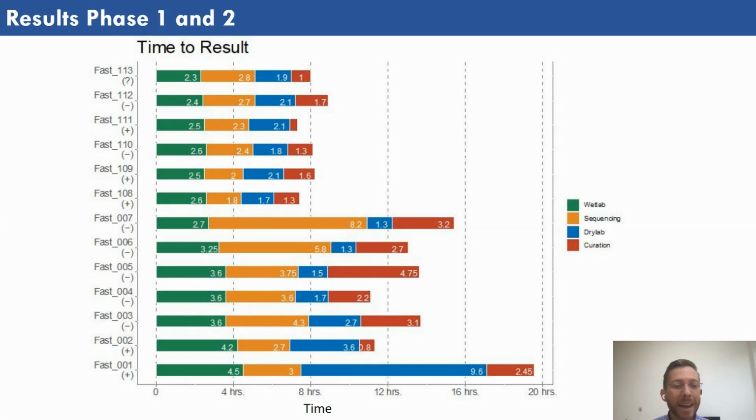And you can see that in phase 2, which is the upper part of this graph, we were able to reduce turnaround time to, on average, 8 hours, with the fastest diagnosis being made in 7 hours and 18 minutes. So this is much faster than the previous world record that was set by Rady's. And we were able to standardize this turnaround time to be in line with clinical decision-making projects.